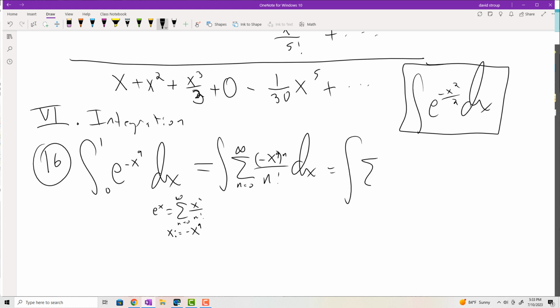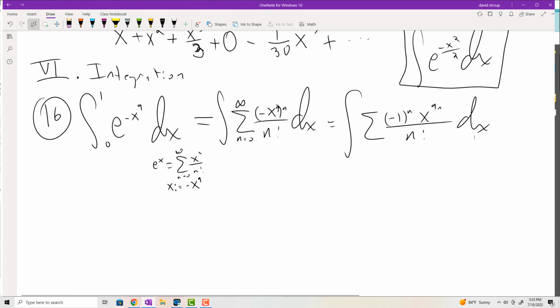I can factor out the negative 1, I get negative 1 to the n, and then x to the 9n, all over n factorial dx. You can expand it. We're probably going to need summation notation eventually, but let's just go ahead and expand the thing, and then integrate term by term.